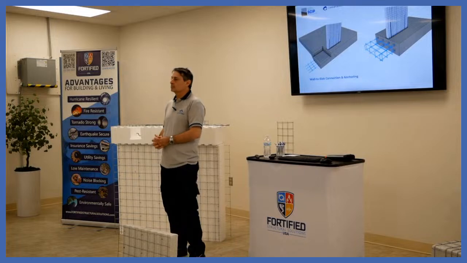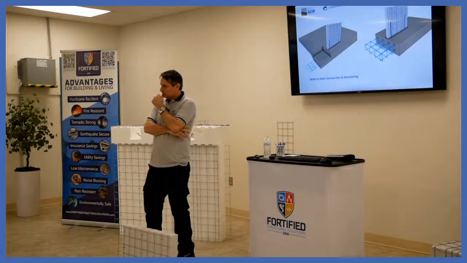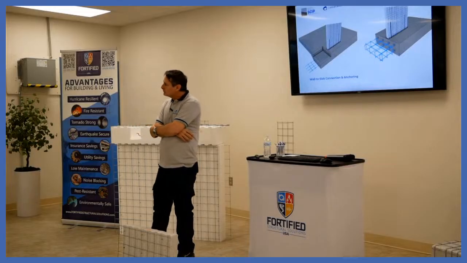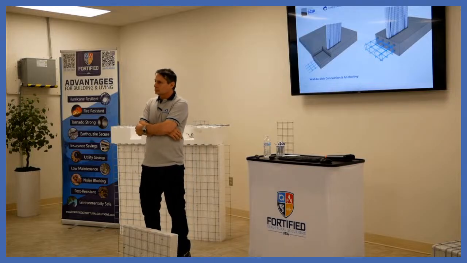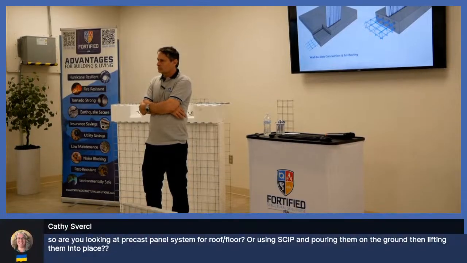Okay, we have another question online, and we kind of touched on it right now. The question was how are we doing the floors, the inner story floors? Are we doing precast and setting them in place, or are we tying them in place and then doing the concrete projection at that point?